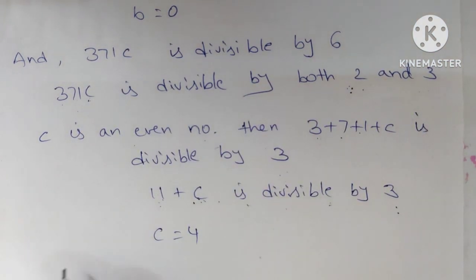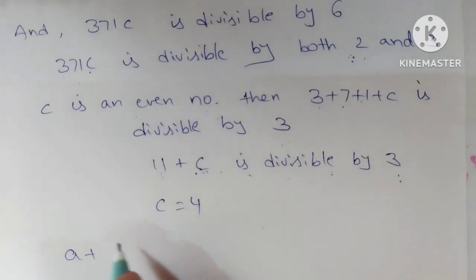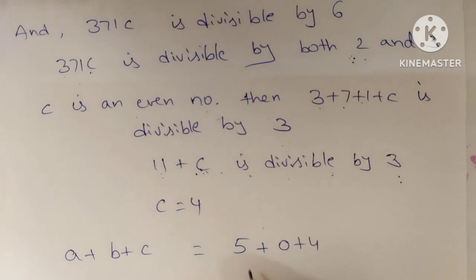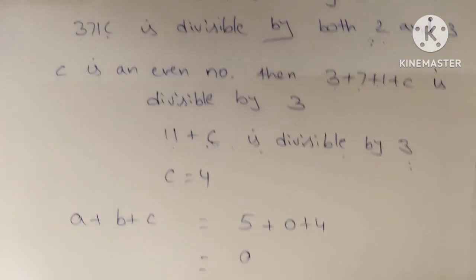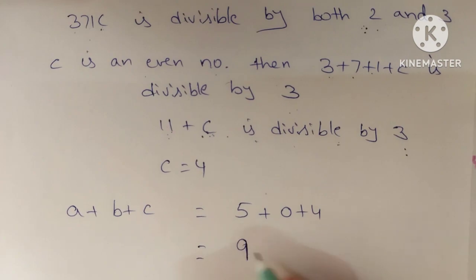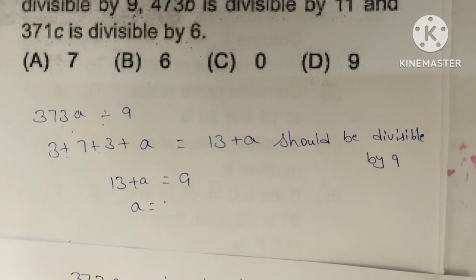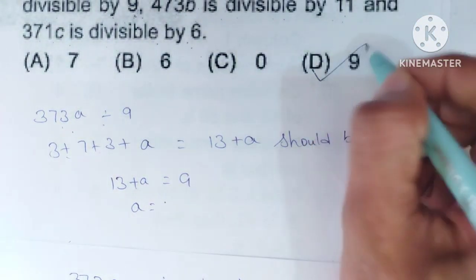In the question they are asking A plus B plus C. A is 5, B is 0 and C is 4. So the total answer is 9. So option D is the correct one.